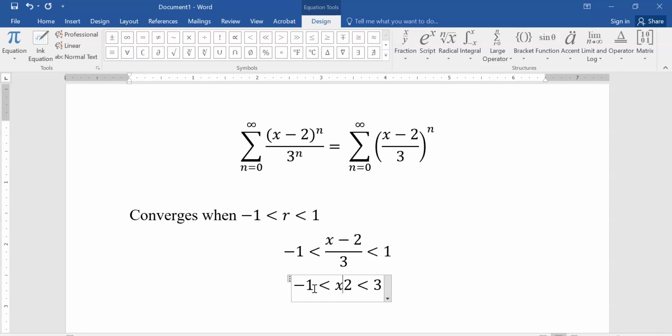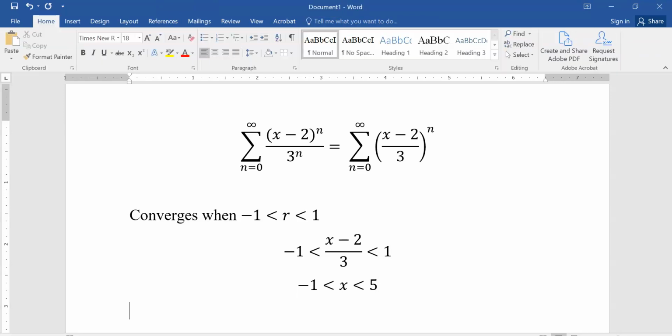If you add 2 to the middle, you end up with x. And if you add 2 to the right-hand side, you'd end up with a 5. Okay? So by the way, that is the interval of convergence. The interval of convergence is when x is between -1 and 5.